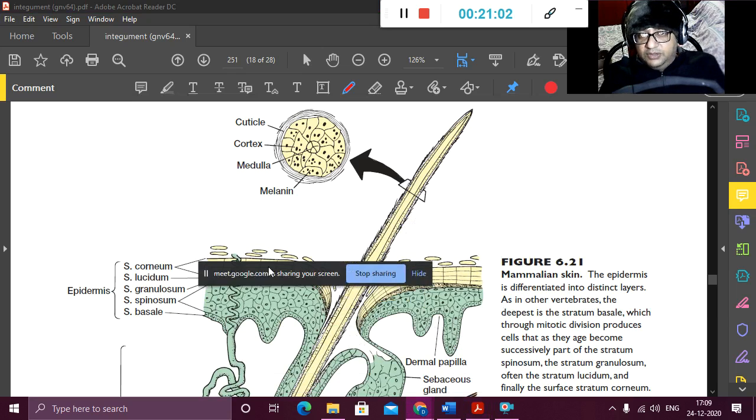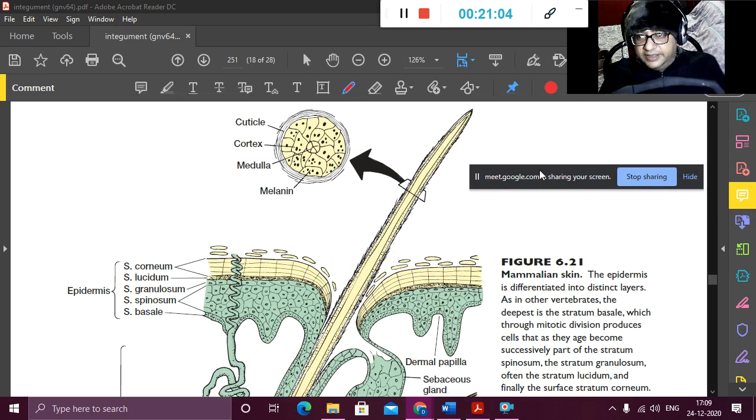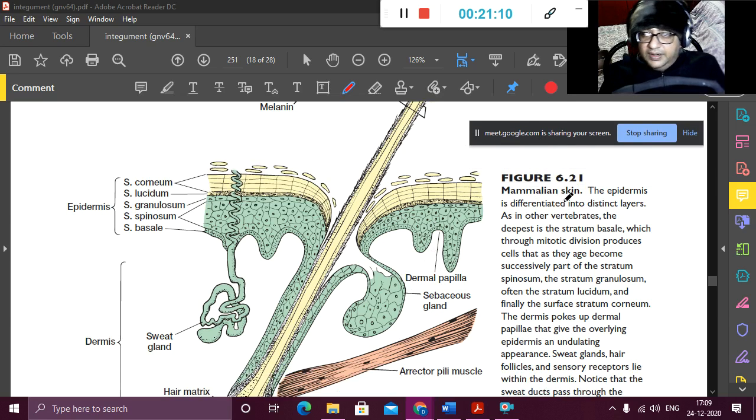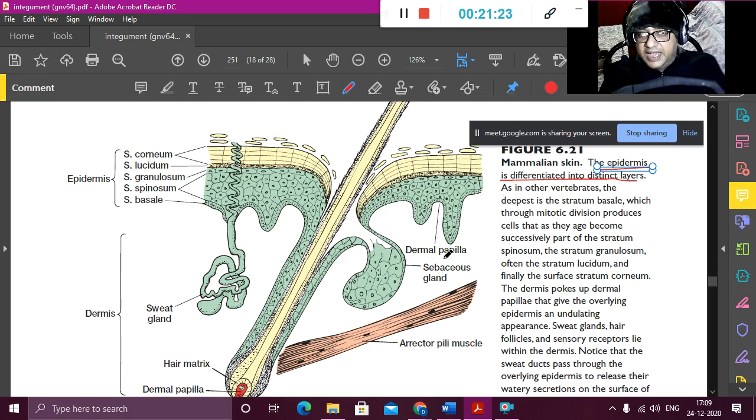Okay, let's have a look at the mammalian skin. The epidermis is differentiated into distinct layers. As in other vertebrates, the deepest is the stratum basale.